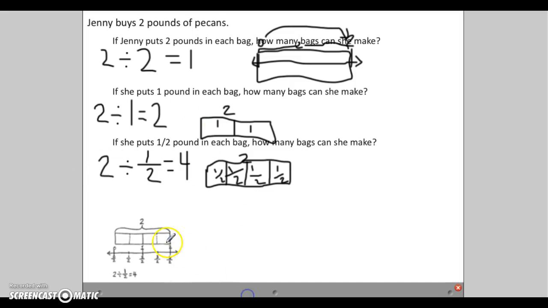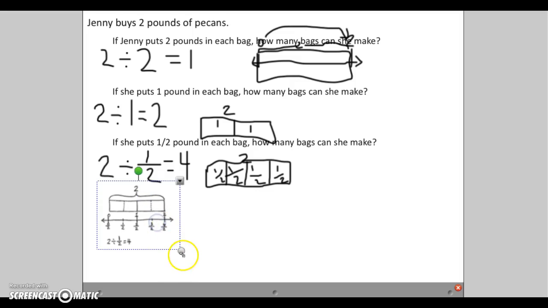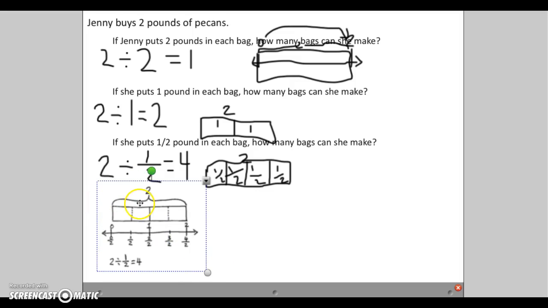You can see by this model down here, which is much more nicely drawn than mine, they've taken our whole of 2, and divided it into 4 equal pieces. This is a whole box, and then a half and a half, a half and a half, and then they show us on the number lines. If we think about making these jumps, okay, this is a bag. That bag has a ½ pound in it.